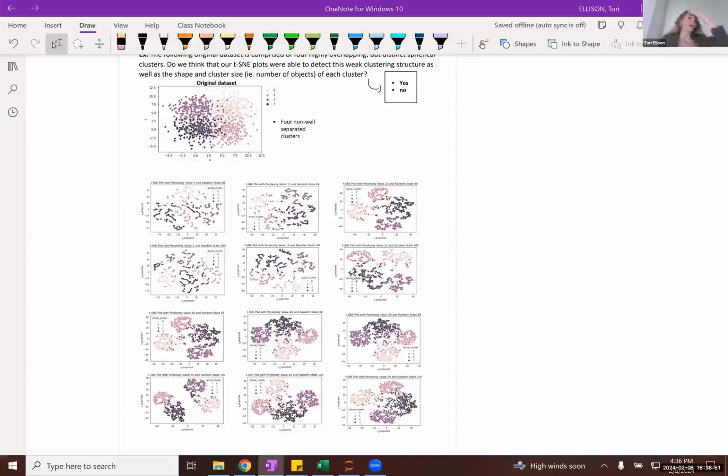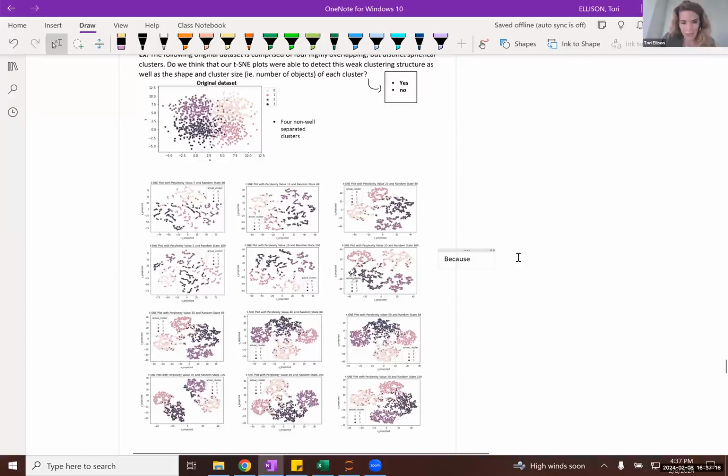Okay, yeah. So we're saying yes for the most part. Based on the fallible, imperfect rule of thumb that I've been showcasing about how to interpret these plots, we would have been able to identify some key elements of this clustering structure from the original data set.